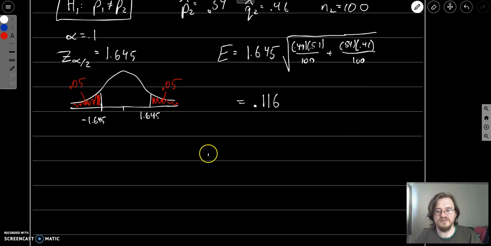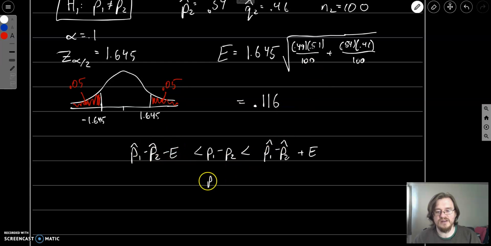So our confidence interval for the difference between P1 and P2 is going to be between P1 hat minus P2 hat. This is our best estimate for P1 minus P2. But we're going to add a little bit of error to the top because there is some uncertainty, and we'll subtract a little bit of error from the bottom.